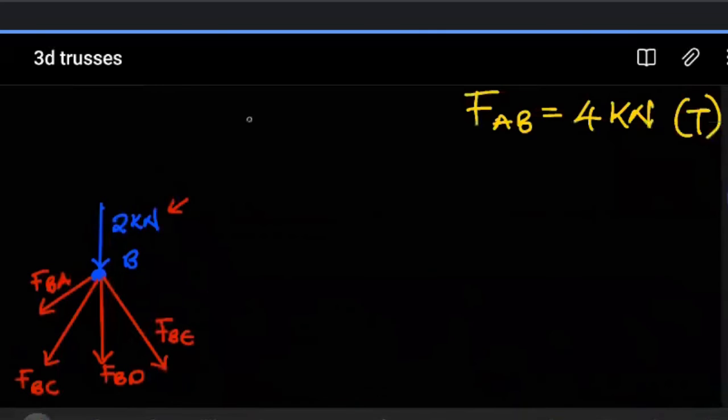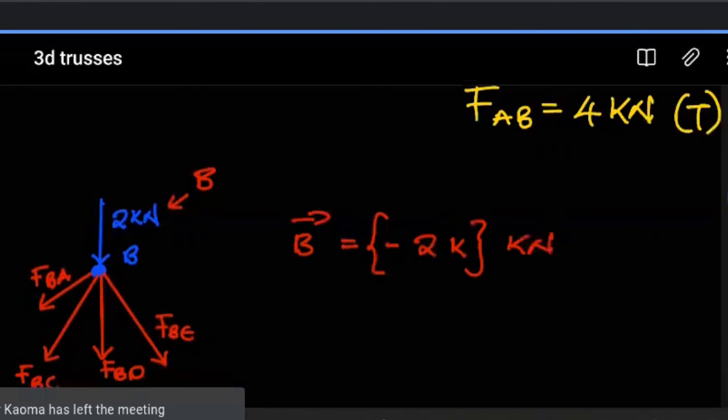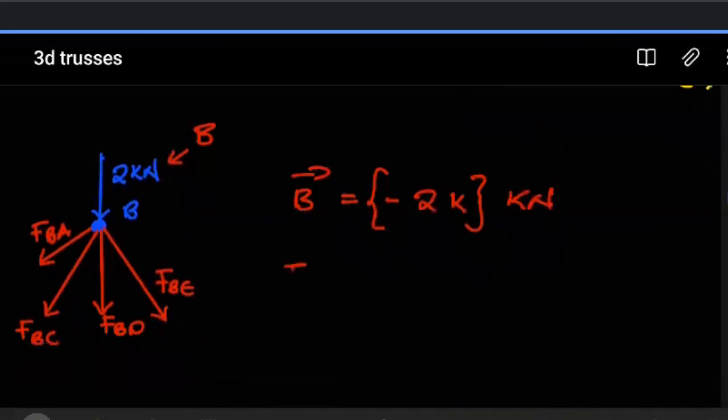Let's say this is, let's say B. So let's say the force B, we know that by looking at it, that is coming out to be -2, and it's going downwards, so we're going to say -2K. And we have kilonewtons. Next up, let's move on to FAB. I wrote BA, that's okay. Again, this one is known. Can you guys tell me the direction?